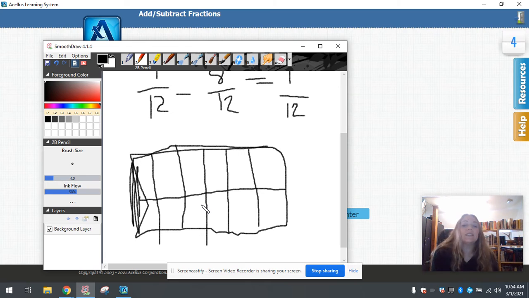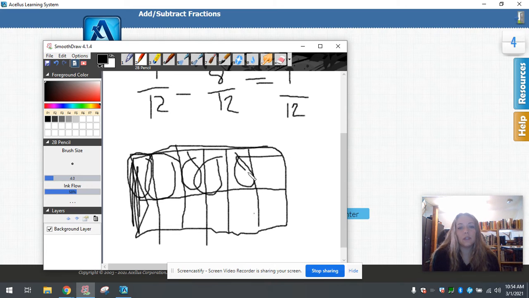Okay, let's say I was given 9 out of my 12 pieces. So let's circle those ones. I've got 1, 2, 3, 4, 5, 6, 7, 8, 9. I was given 9 out of 12 pieces of something. And then let's say I was given 9 out of 12 cookies in the batch. You made cookies, you've got 12 cookies total.